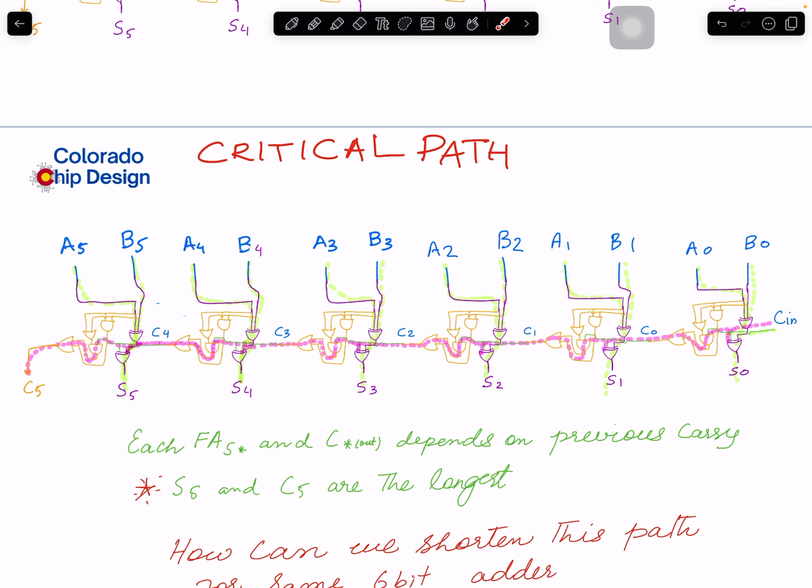But for the carry out of the last one, the initial carry in has to travel all the way, and the outputs will keep changing for a while. If you keep the inputs stable, after a while this will settle down. That really determines the time it takes for all these outputs to be stable, and that is really the delay of the adder.